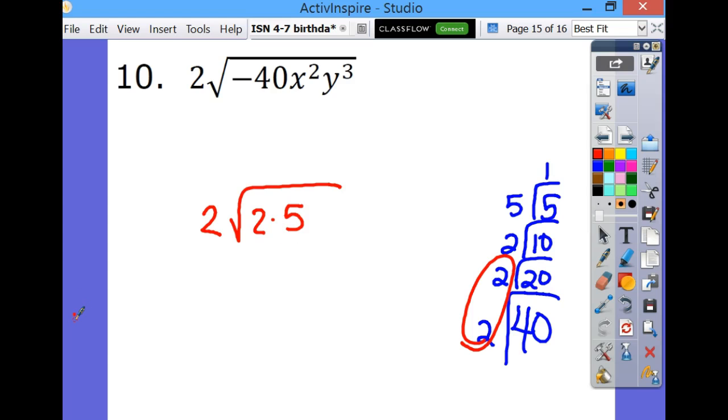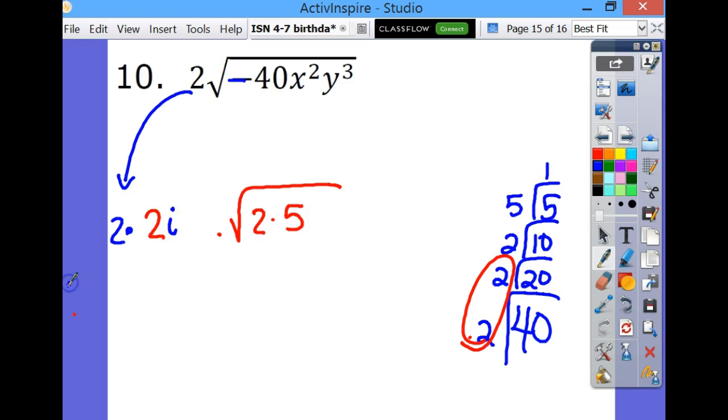I'm going to move this 2 over because I'm going to need some more space here. And so this is the 2 that represents the pair. This 2 comes down in front. What does this negative sign do? That negative sign would be the same as negative 1 times 40.